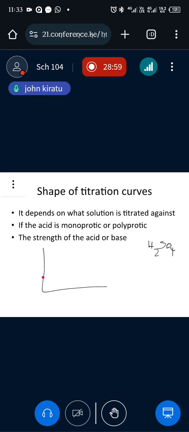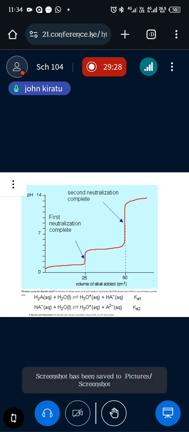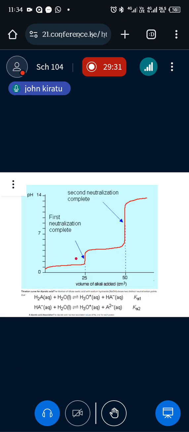What you expect in the titration curve is two equivalence points. The first is where the first H is used, then we have another buffer region and another equivalence point for the other H. For monoprotic acids, we have one equivalence point because we only have one H. For diprotic acids, we have the first neutralization of the first H and the second neutralization.